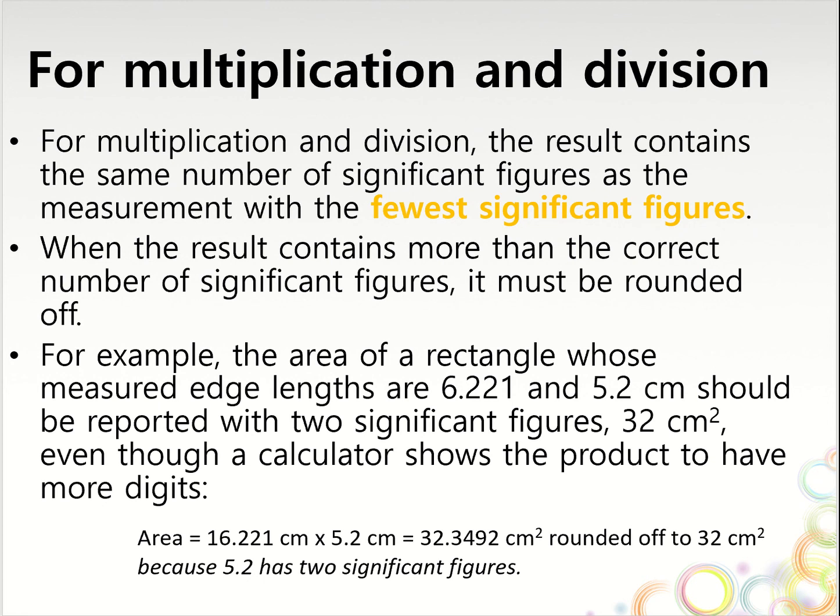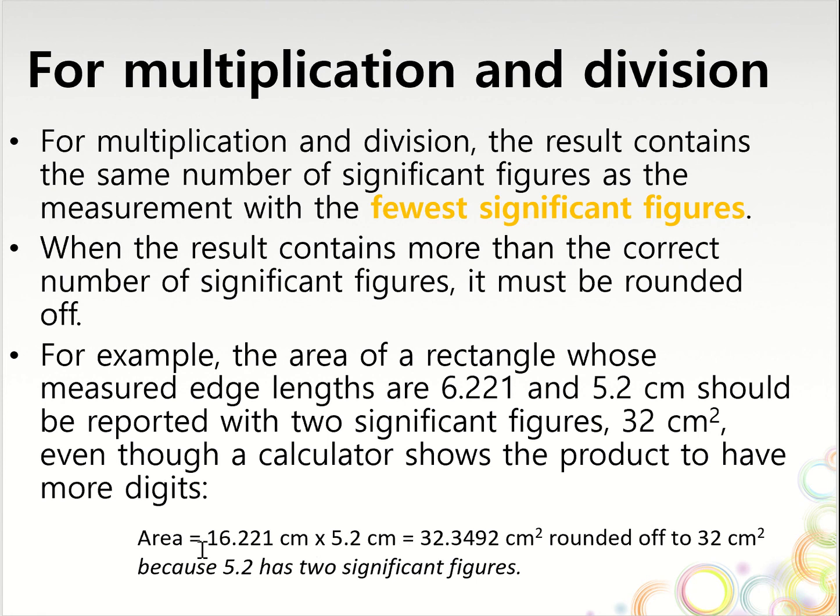So for example, the area of a rectangle whose measured edge lengths are 6.221 and 5.2 centimeters should be reported with two significant figures as 32 centimeters squared, even though a calculator shows a product with more digits, right?